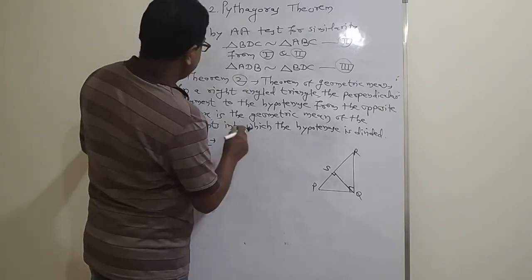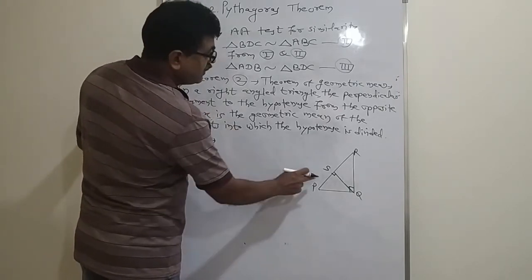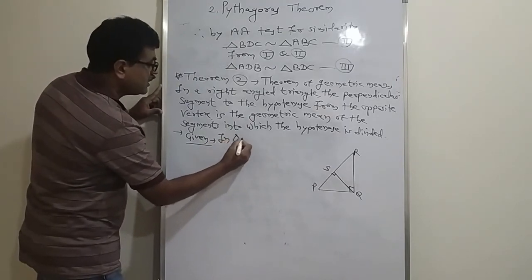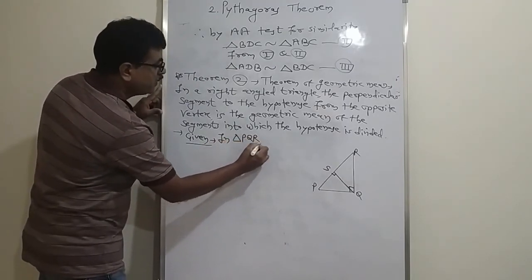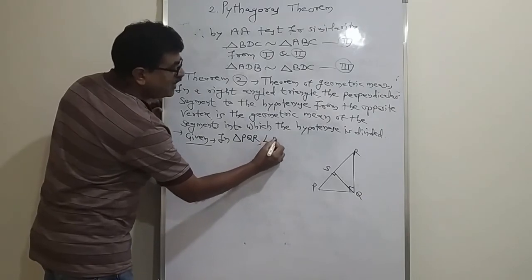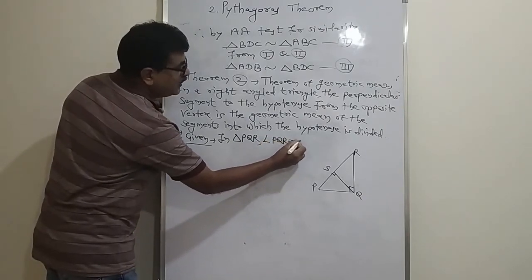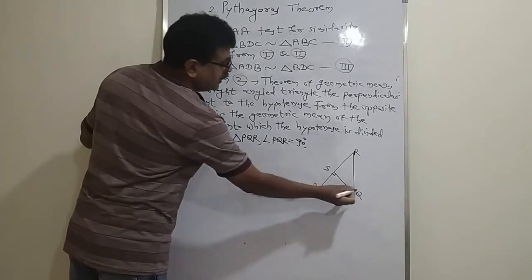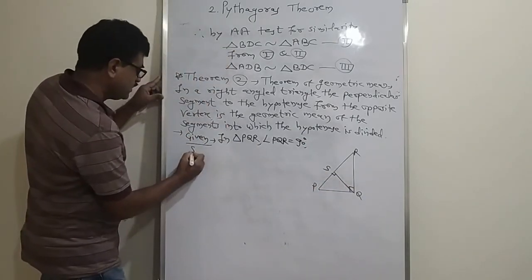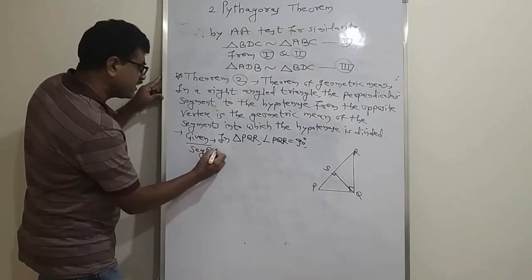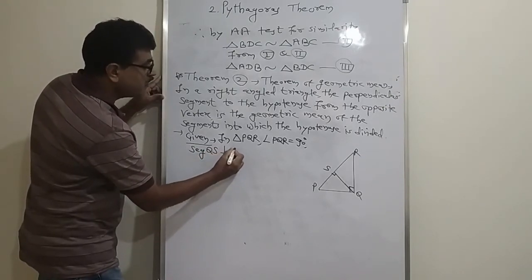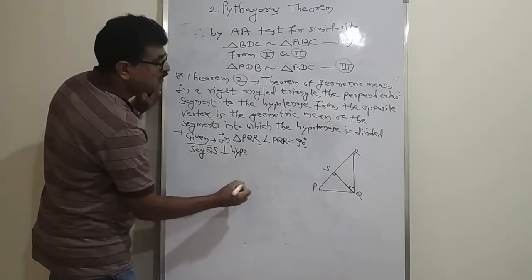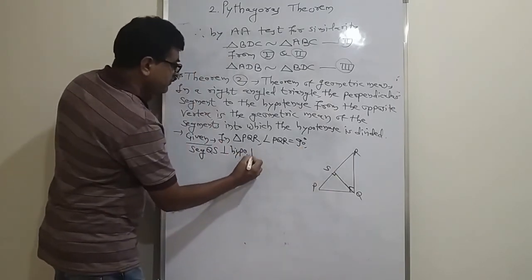We prove. First write down given in triangle PQR. Angle PQR is equal to 90 degrees. Segment QS perpendicular to hypotenuse PR.